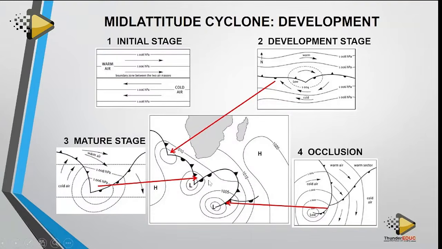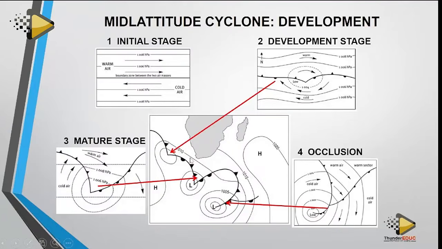But now you must also be able to describe the characteristics of a mid-latitude cyclone in the occlusion stage, that the warm sector is narrower. What makes the warm sector narrow? It is the cold front that is catching up with the warm front, making this sector a little bit smaller.